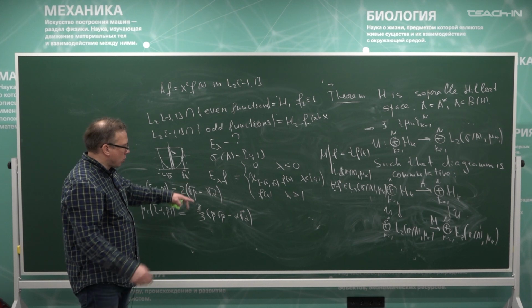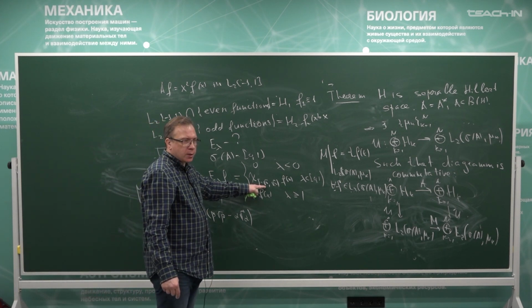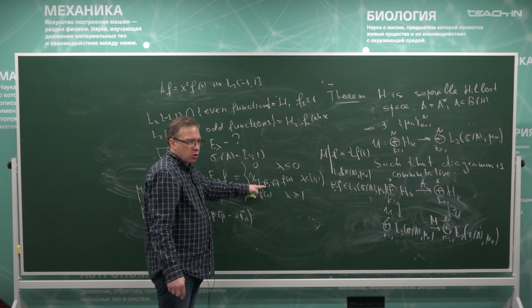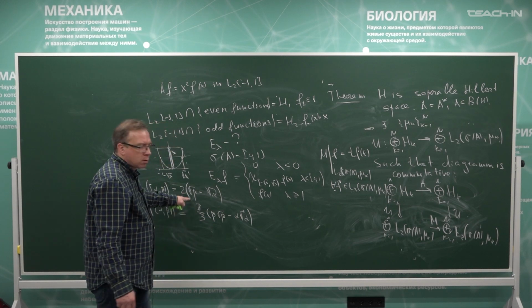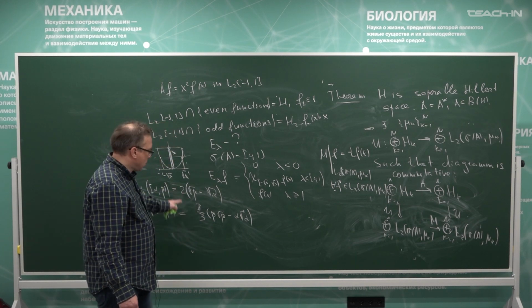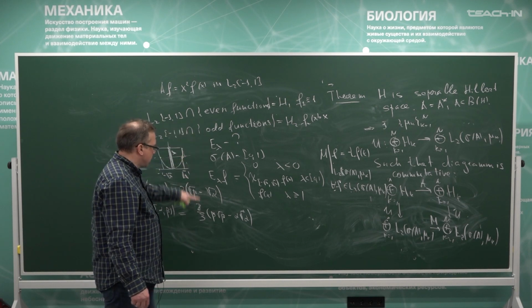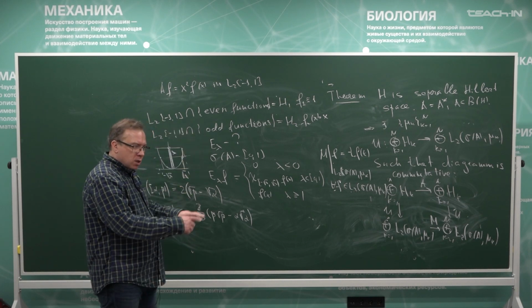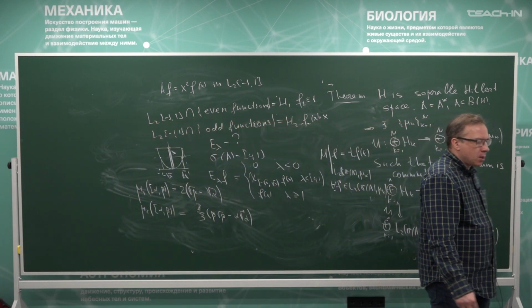It is symmetric, so we must take the integral twice. These are even functions, so you can multiply your integral by 2. This is the measure in this space, and this is the measure in this space, and in all these spaces this operator has a cyclic vector.